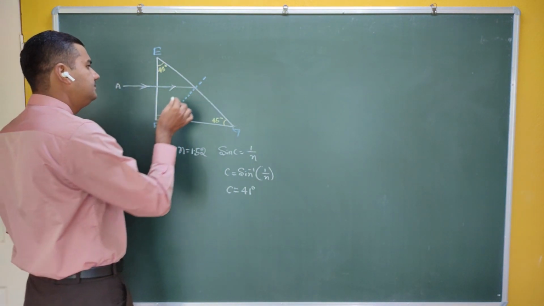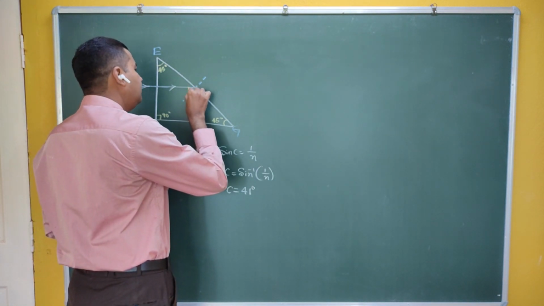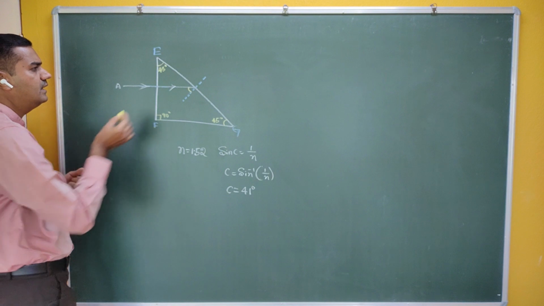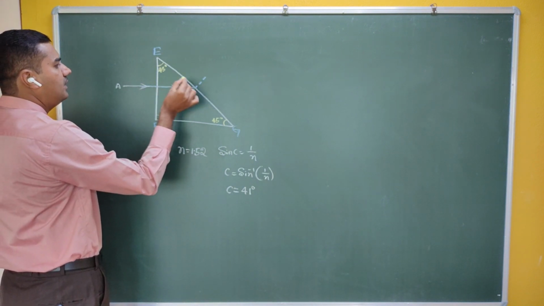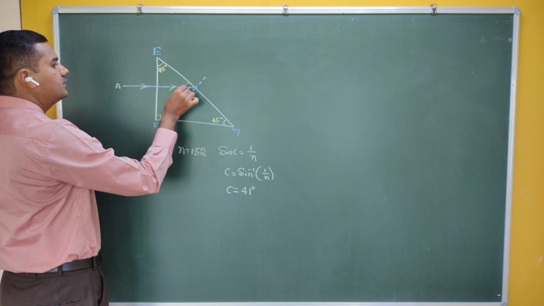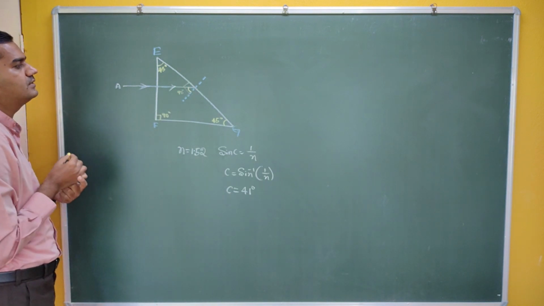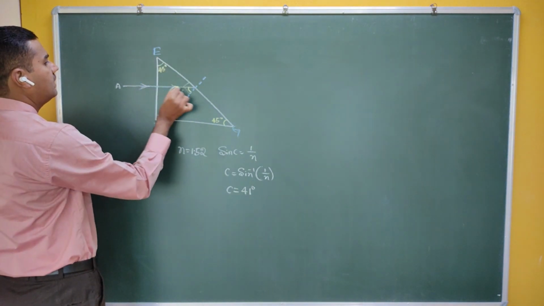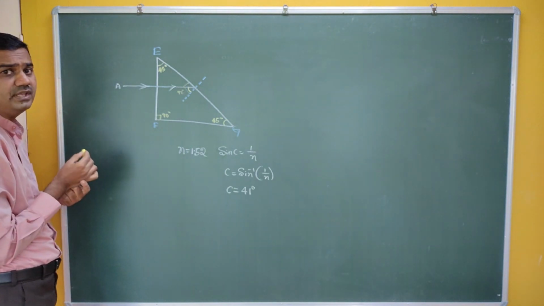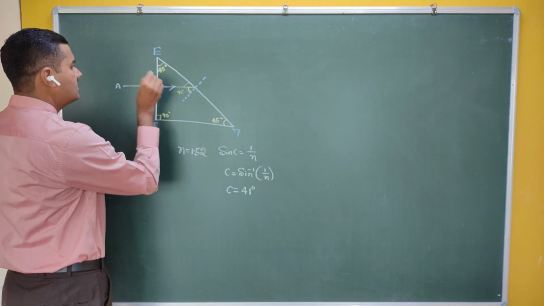The second, by using simple geometry, what about this angle? You can see here, this is the normal. Normal means the line which is perpendicular to the surface. That means this total angle is 90 degrees. This shape looks like a right-angled isosceles triangle.